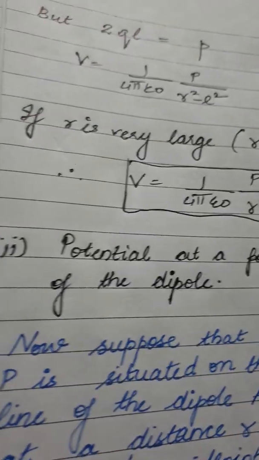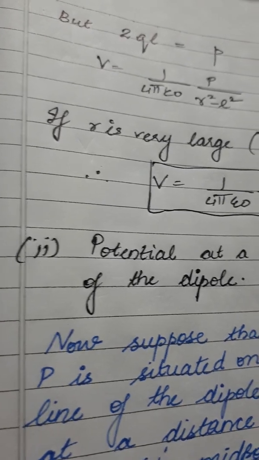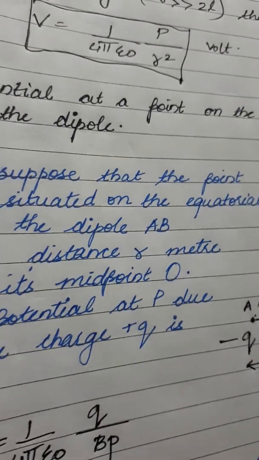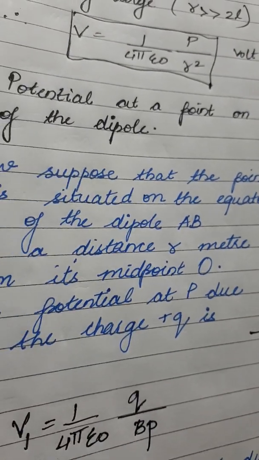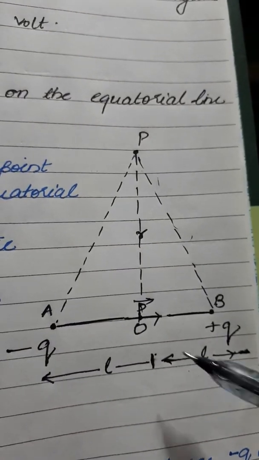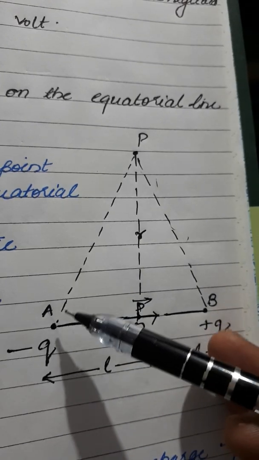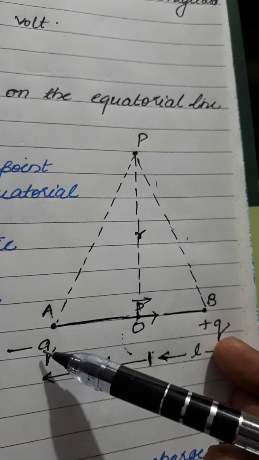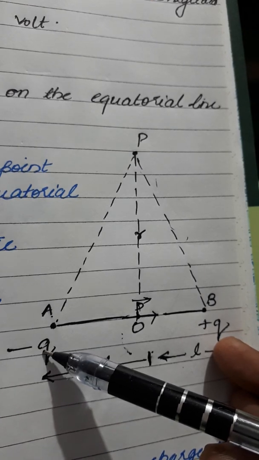Now we are going to see the second case. For the second case, we have to see the potential at a point on the equatorial line. For that, we'll see the diagram. The diagram is in this way. At point A, we have positioned a negative charge.